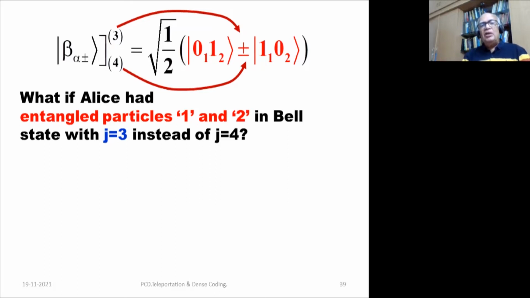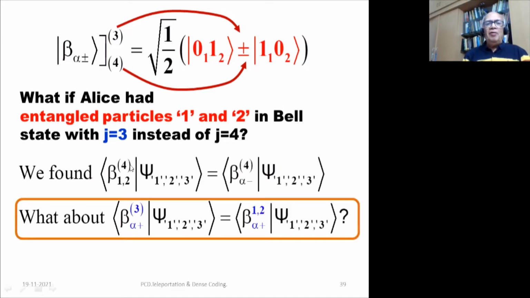And this time she chooses to entangle them in Bell state number 3, j equal to 3. This is one of the 4 Bell states, and Bob really doesn't know in which Bell state Alice has entangled 1 and 2. That is a piece of information which will have to be added to this communication challenge.